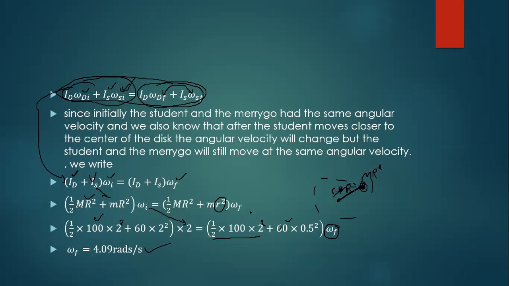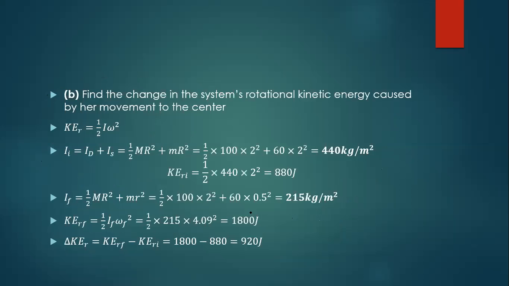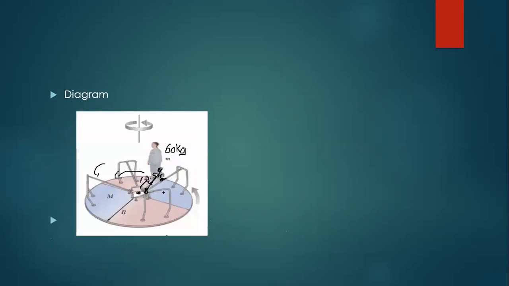Okay, so we are continuing, and part B is talking about finding the change in the system's rotational kinetic energy caused by her moving to the center. So we have a girl standing on the edge of the merry-go-round.